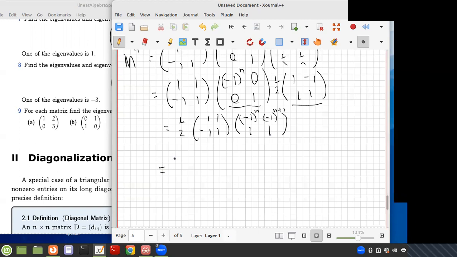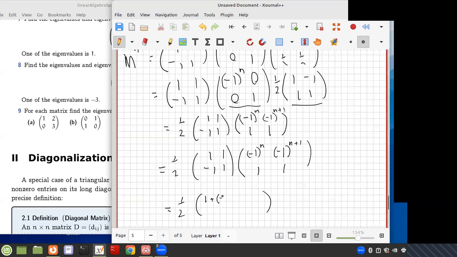Now we have to do this last one, 1/2, 1, 1, -1, 1, times (-1)^n, (-1)^(n+1). That's just (-1)^n. So let's then do this one. Well, this would be 1 times (-1)^n plus 1. So that's 1 plus (-1)^n.